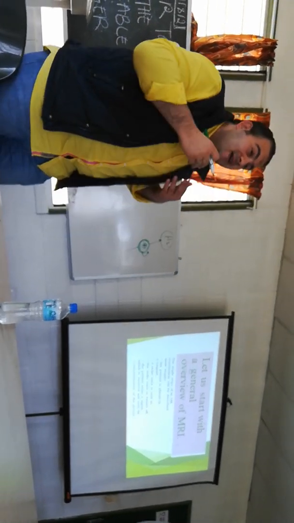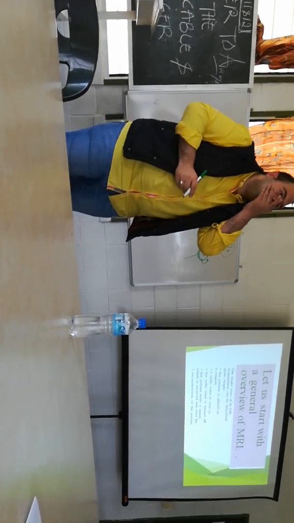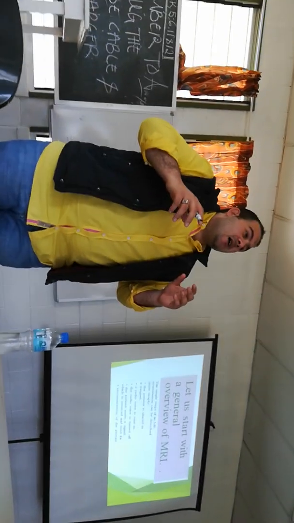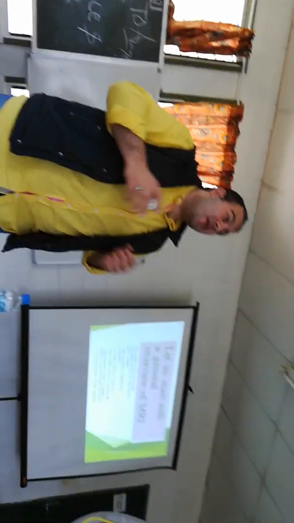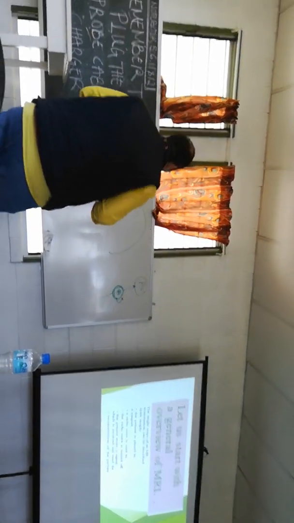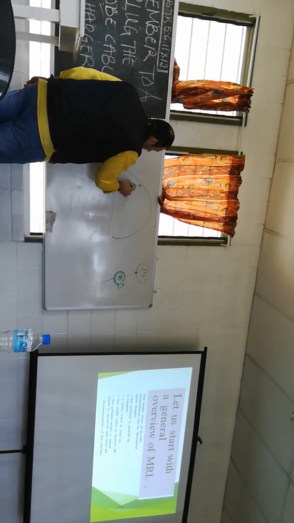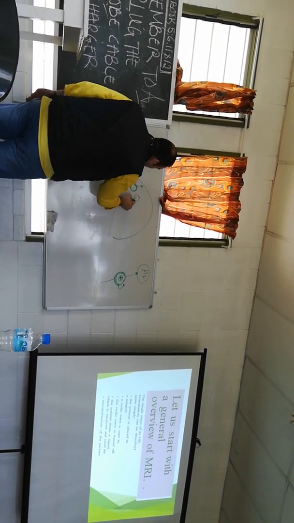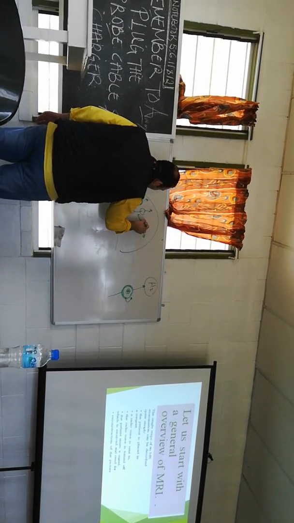You will find inside the patient's body, the protons are aligned in random directions. You will find a proton pointing up, and another one pointing down, and another one to the left, and another one to the right.